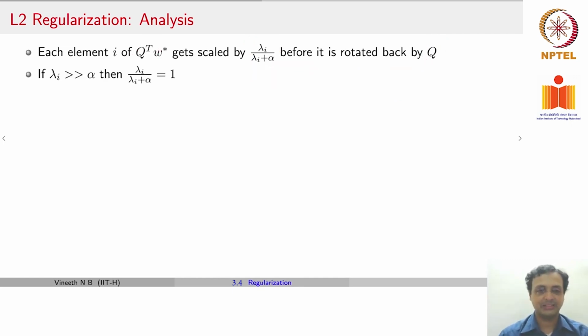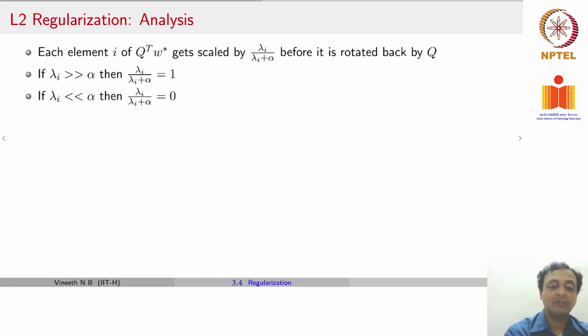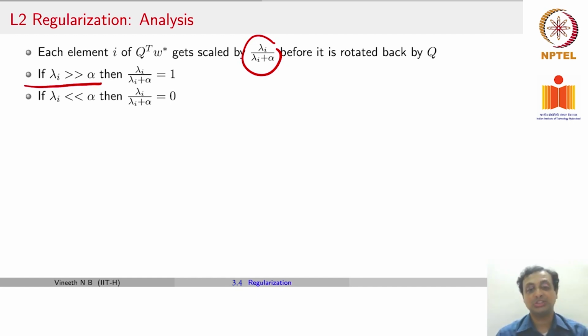Let's see what that scaling means. The scaling says that if lambda I is much greater than alpha, this is going to become 1. And if lambda I is significantly lesser than alpha, this will become 0. Rather, the scaling is going to be of value only when lambda I is much greater than alpha, because in the other cases it's going to become 0.